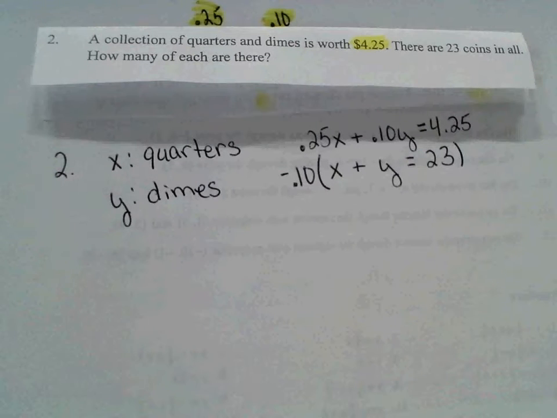Okay, so this equation's gonna stay, now multiply that. What did it do? The negative 0.10x minus 0.10y equals negative 230. Yeah, and you added, like it's negative $2.30.